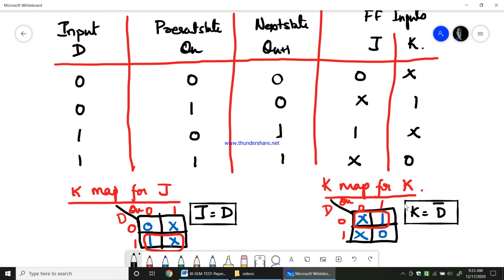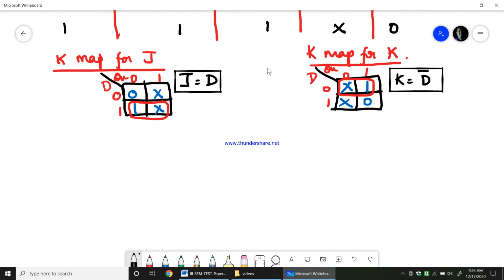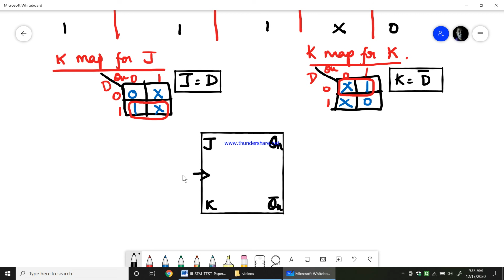So now if I try to write the diagram for this flip-flop, J, K, Qn, Qn bar, clock pulse, Qn, Qn bar.